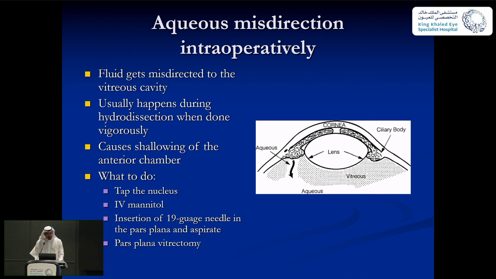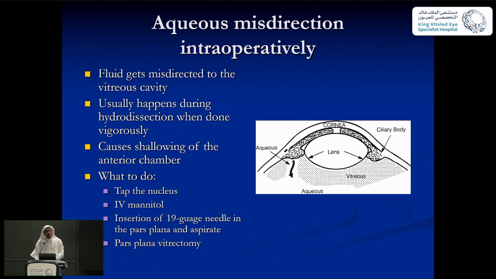So what to do? Simple measure. We can try to tap the lens. Tapping the lens usually resolves the issue if the aqueous is there behind the lens, trapping the lens with the rhexis forward.